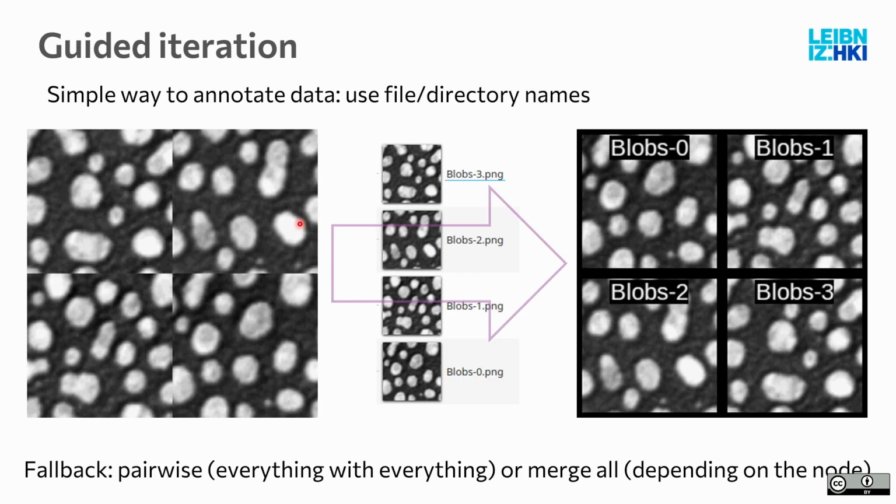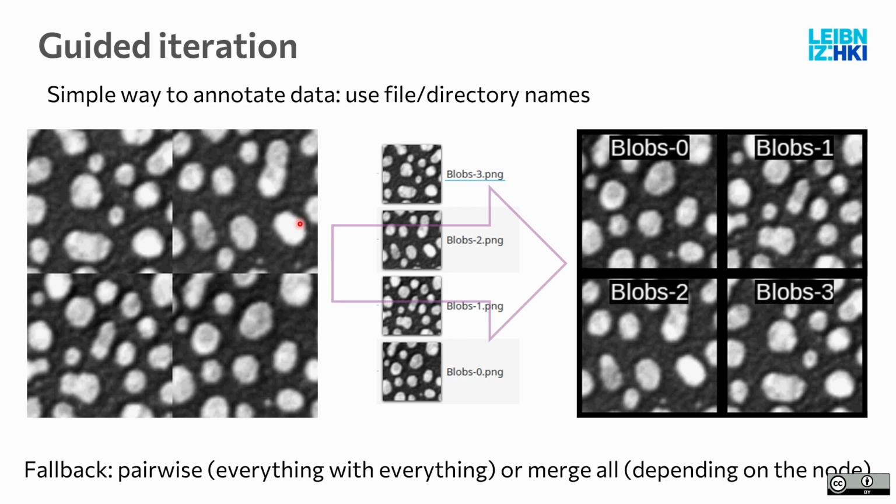The simplest way is we use the file names. They are mostly unique, especially for these simple cases. For more advanced workflows, you would probably involve also the folder hierarchy names or other things.